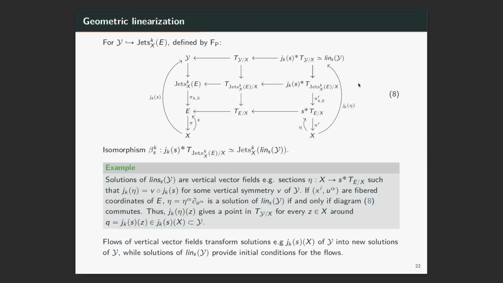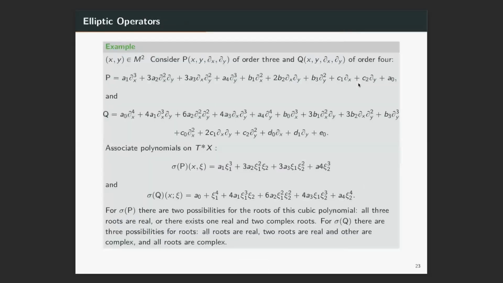And a vertical vector field possesses a flow, or formally a flow. And this flow pushes solutions to solutions. This can be used to understand the classification of operators, but in low order, it's done again using principal symbols.